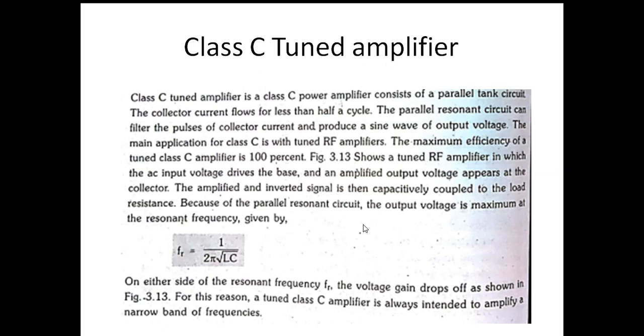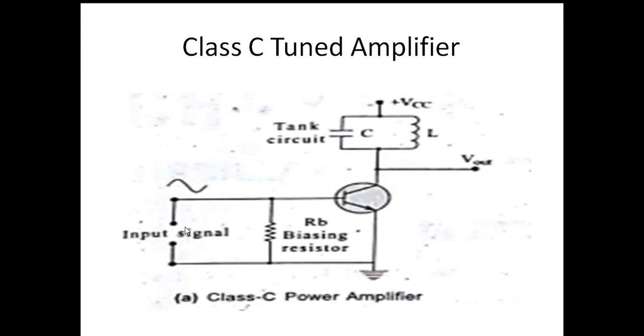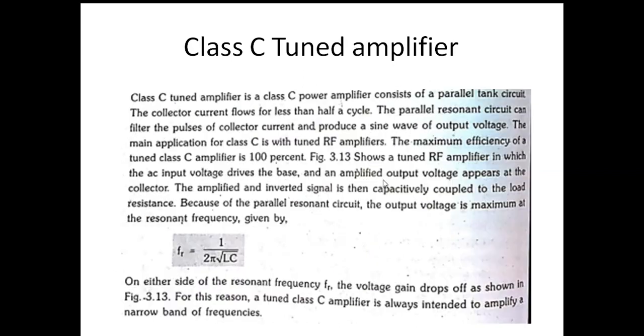The previous slide's figure shows a tuned RF amplifier where the AC input voltage drives the base and an amplified output voltage appears at the collector. In this slide, this AC input signal is applied to base, and this output drives the load appearing across the collector.